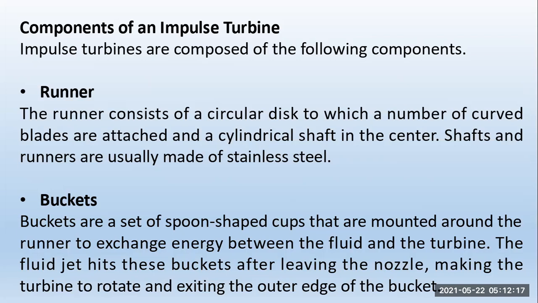Buckets: a set of spoon-shaped cups mounted around the runner to exchange energy between the fluid and the turbine. The fluid jet hits these buckets after leaving the nozzle, making the turbine rotate, and exits at the outer edge of the bucket.